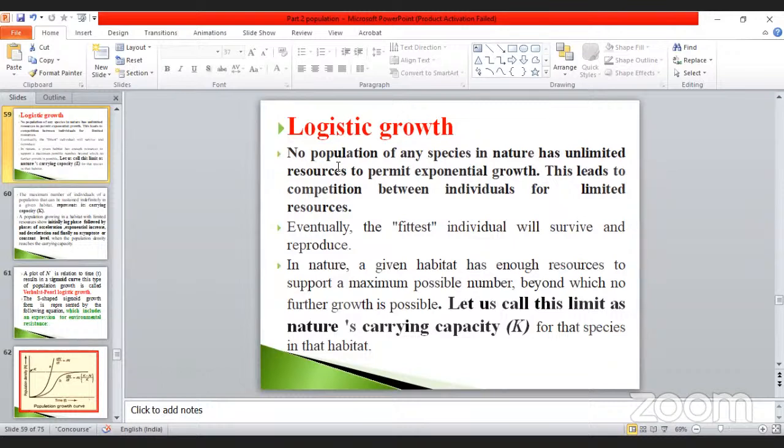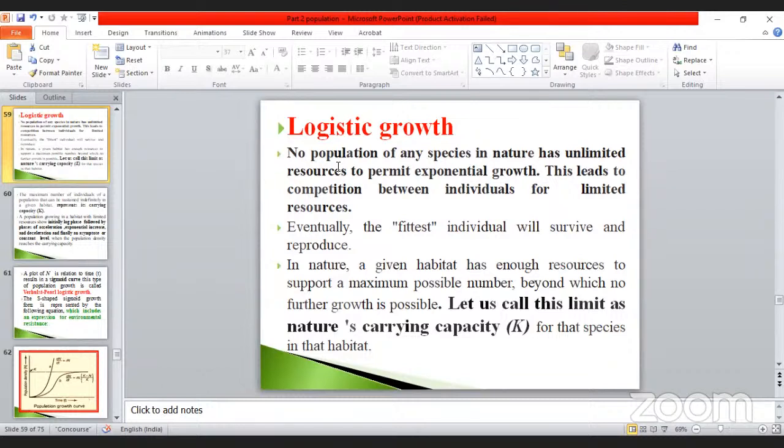In nature, a given habitat, the environment, has enough resources, food or water, whatever it may be, to support a maximum possible number. Maximum possible number means, take an example: a particular square kilometer area, how many people are there? The food and water support a maximum possible number, say 100 living organisms.